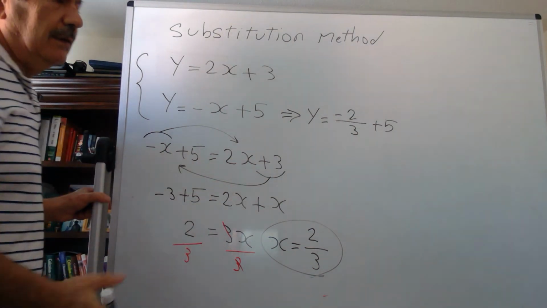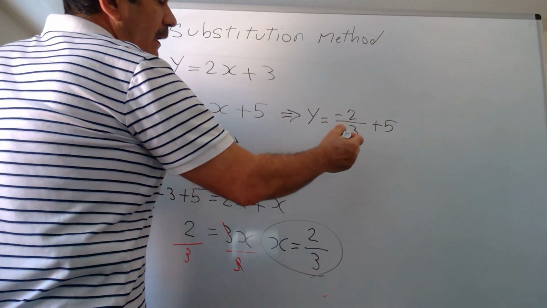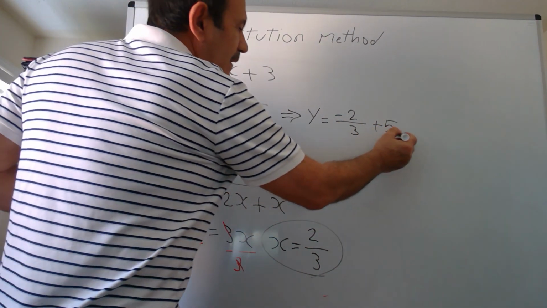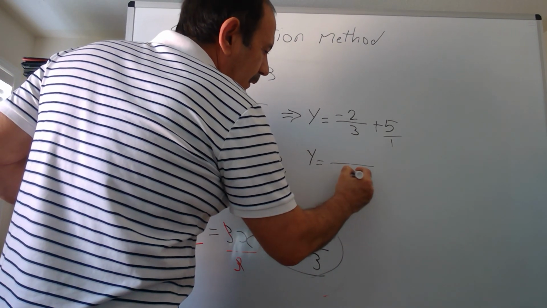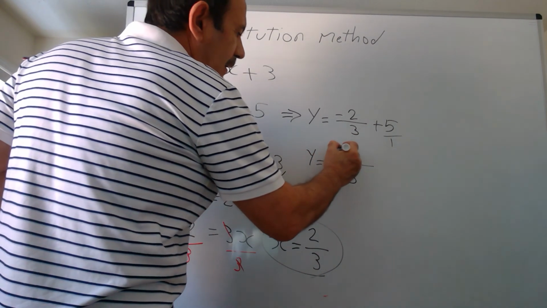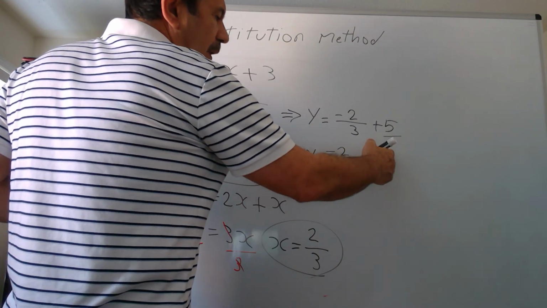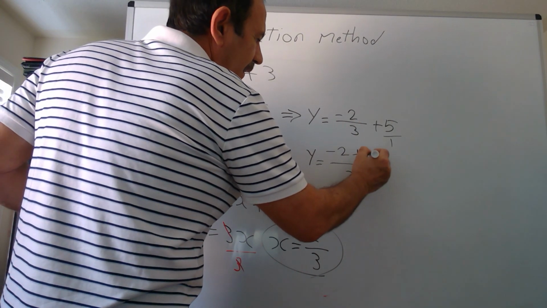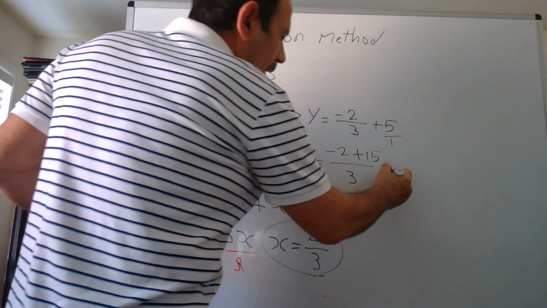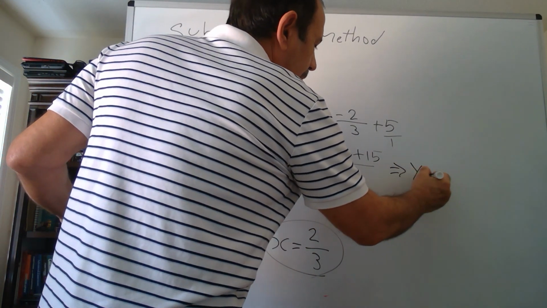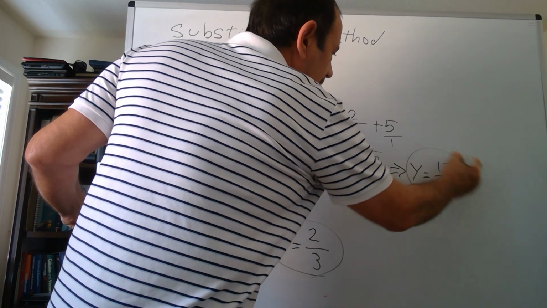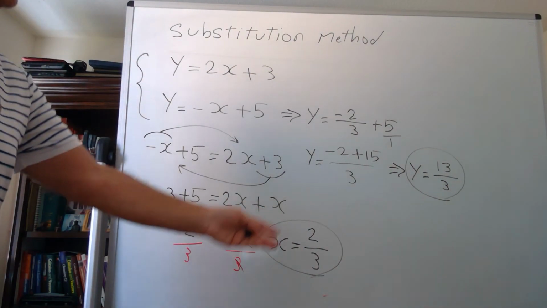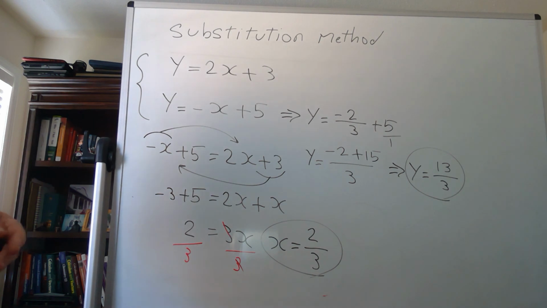Now we have to just simplify this one. If I give a denominator of 1 to this 5, then y is going to be, the common multiple LCM is 3, minus 2. 3 divided by 1 is 3, times 5 is plus 15. Then y is going to be 13 over 3. This is the x, 2 over 3, and y is going to be 13 over 3.